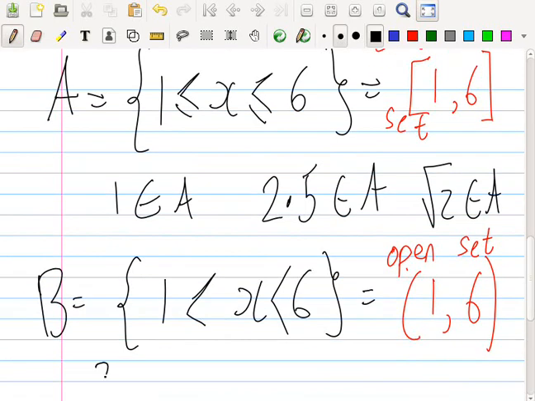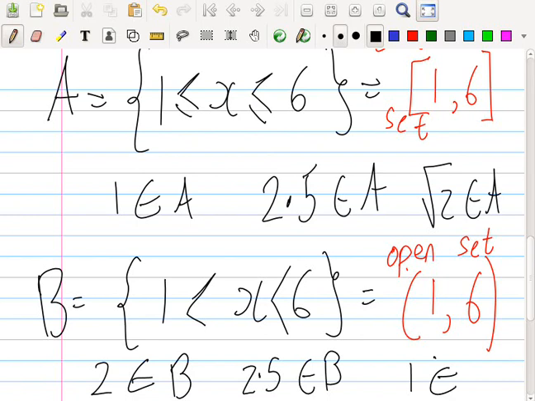So for example, 2 belongs to B, 2.5 belongs to B, but 1 does not belong to B. Okay.